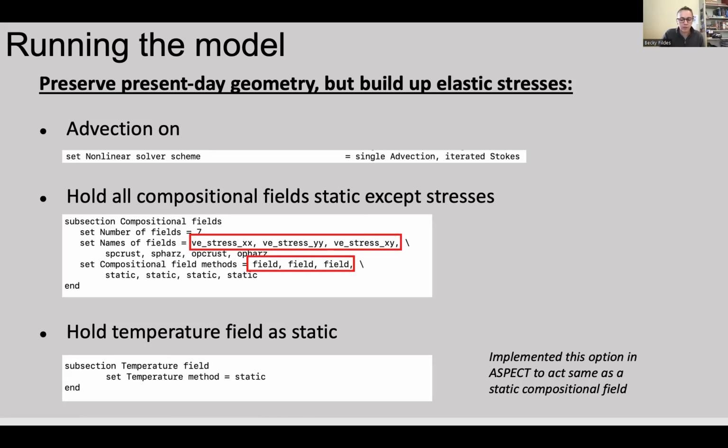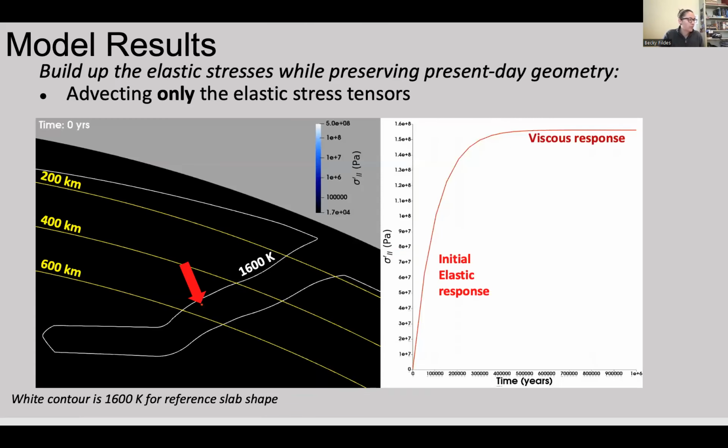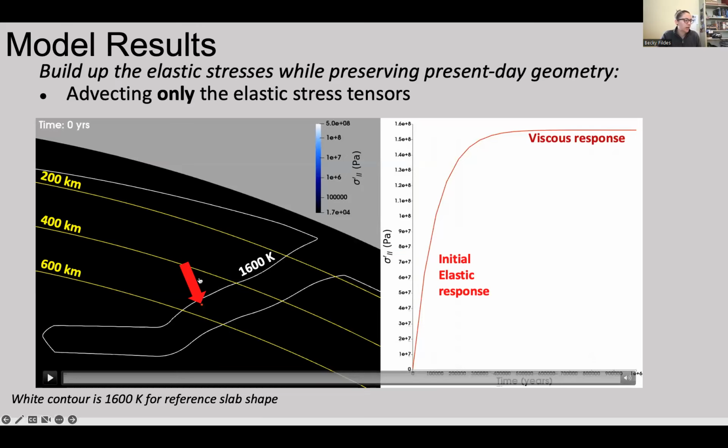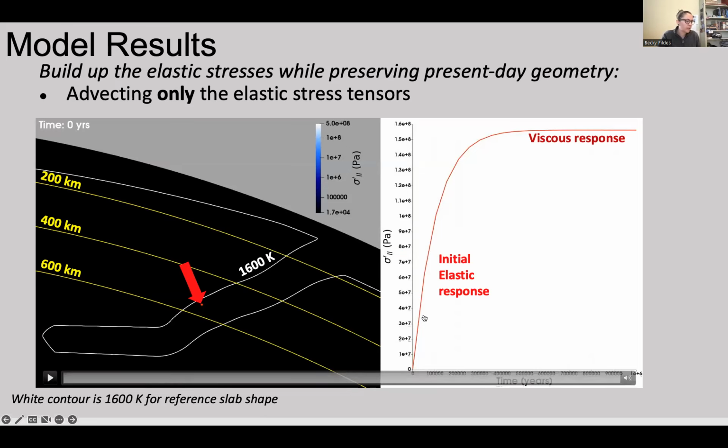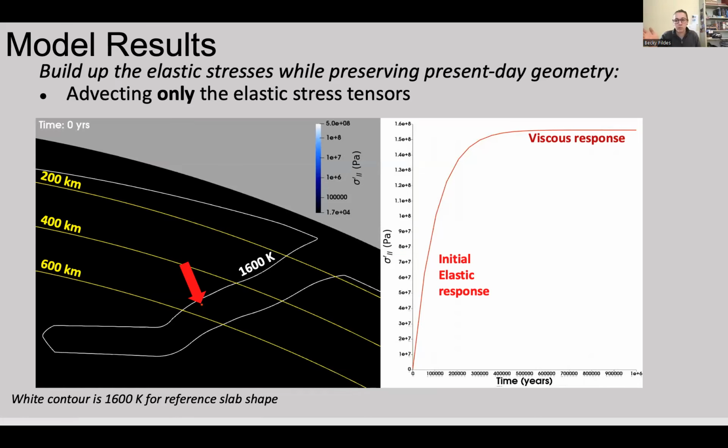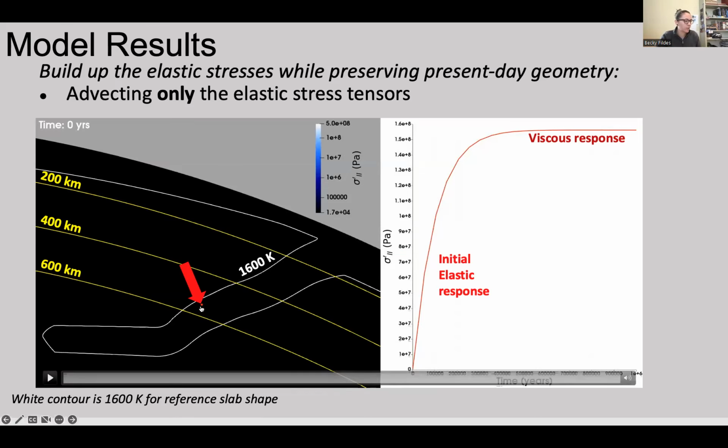And so I'll show you what that looks like. What you're going to see over on the left is the color field showing the magnitude of the stress that's going to run over a short amount of time. And the slab geometry I'm representing here by just showing in white the 1600 Kelvin contour for reference. So you can see what the general slab geometry shape is. And then over on the right-hand side, you're going to see it track the stress buildup for this location that I just picked deep within the slab.